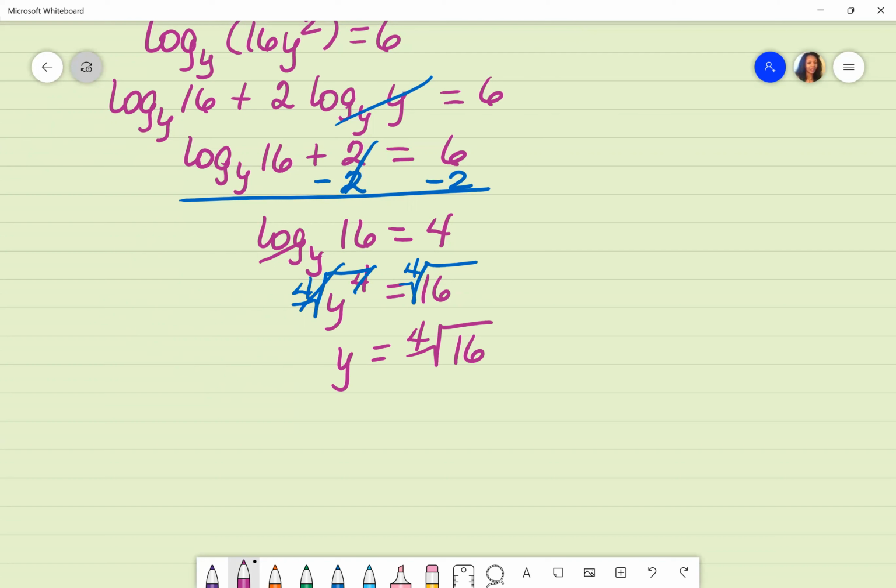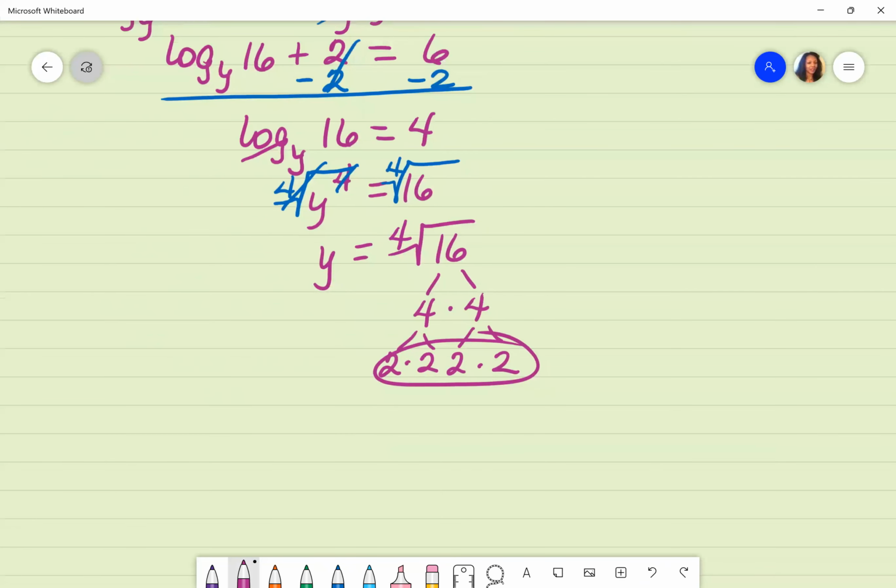If you don't readily know that, what you do know is 4 times 4 equals 16, but you can further simplify. We're looking for the same number 4 times. So 2 times 2 times 2 times 2 is the 4 numbers that I'm looking for. So if I can get one group of 4 for a particular number, then I can bring that number outside of the radical. So in this case, y is simply 2.